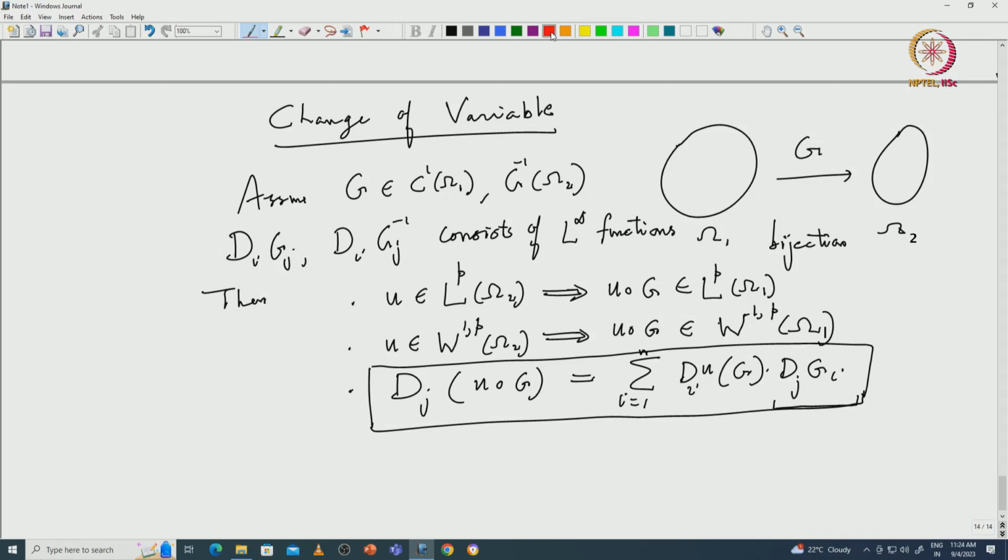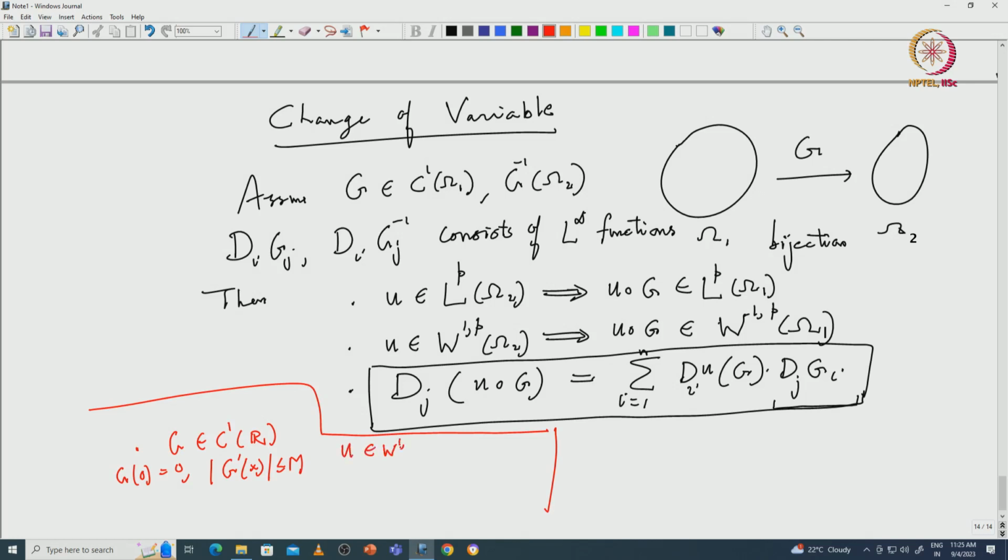Another result: suppose G is in C1 of R, with G0 equal to 0, and suppose you have a control on its derivative, that is, the derivative is less than or equal to M, so G is from R to R.